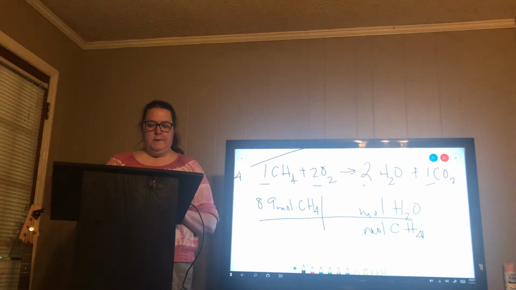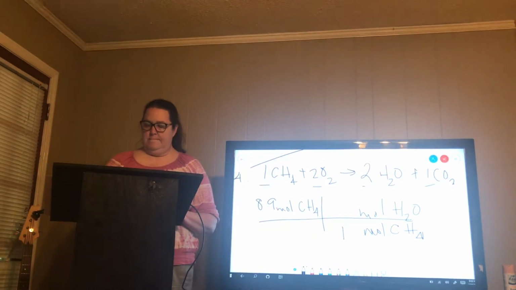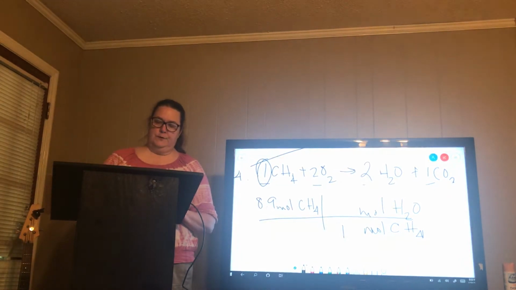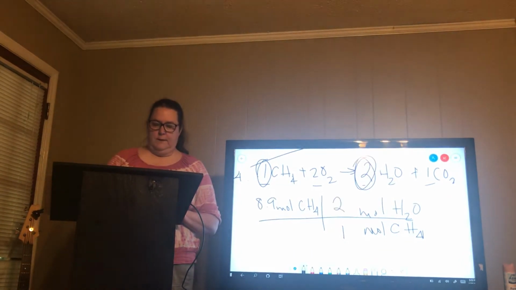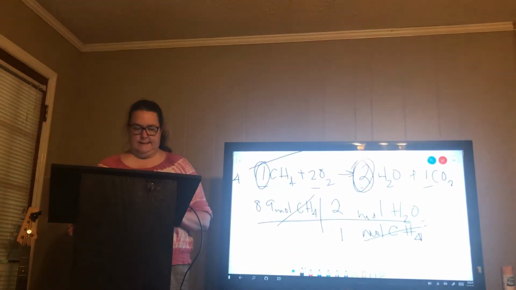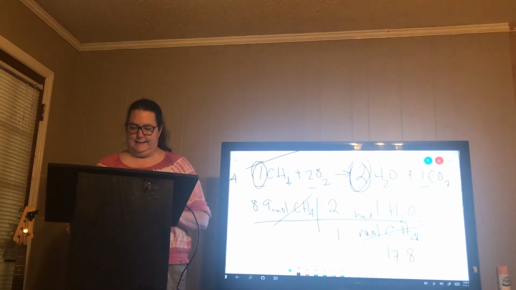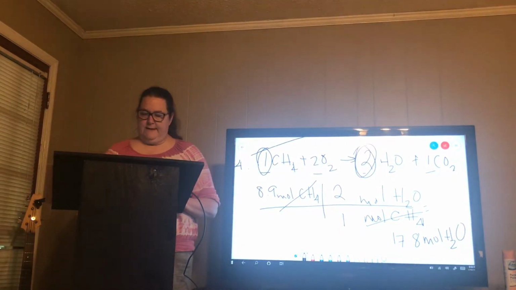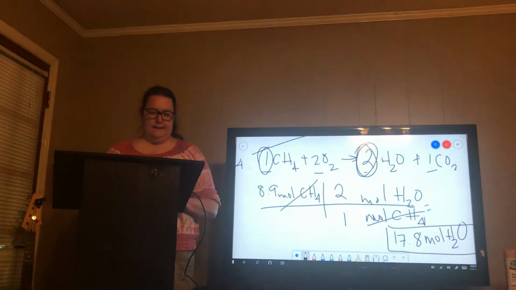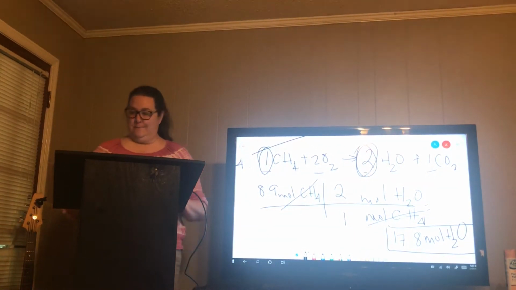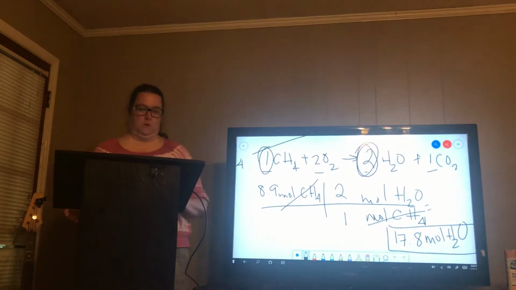So for every mole of methane, because it's 1 right here, it needs 2 waters. So this cancels out, and I get 17.8 moles of water. So essentially what it's saying is if I have 8.9 moles of methane, I'm going to end up with 17.8 moles of water.